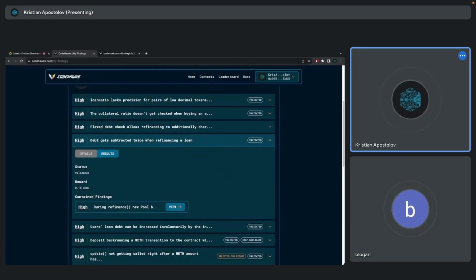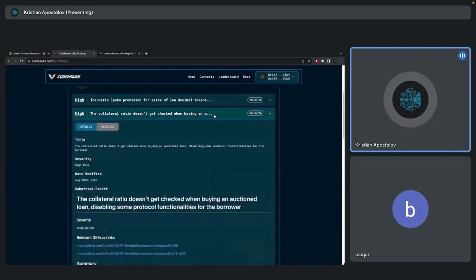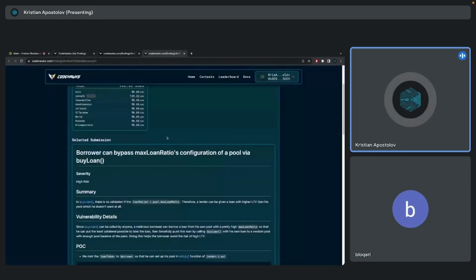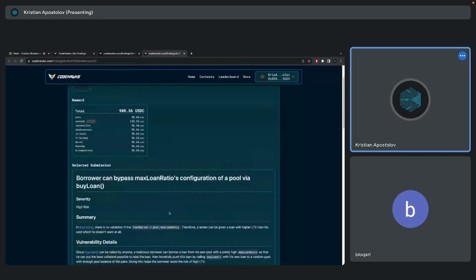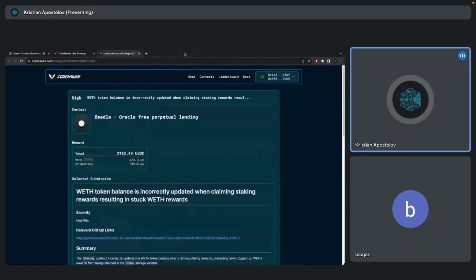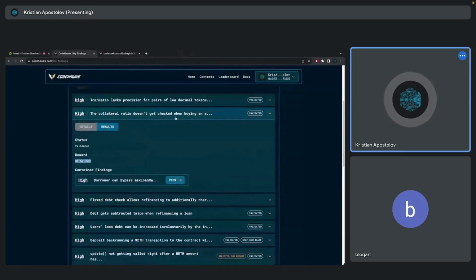That's crazy. Yeah. Then we get that the collateral ratio doesn't get checked when buying an auction loan. This one got a good amount of money. I mean, it's a simple check, I believe, that needed to be put in place so that a loan cannot be taken in some scenario.